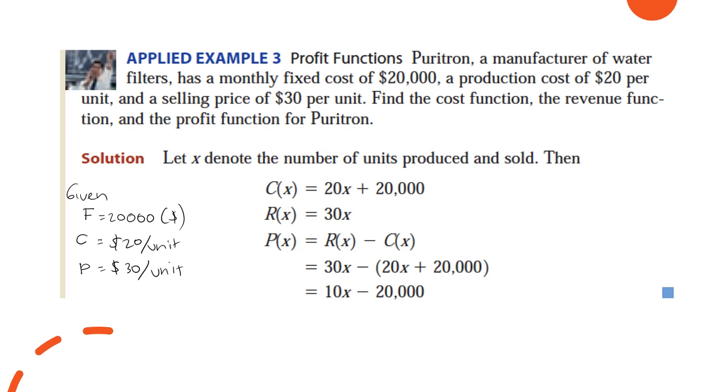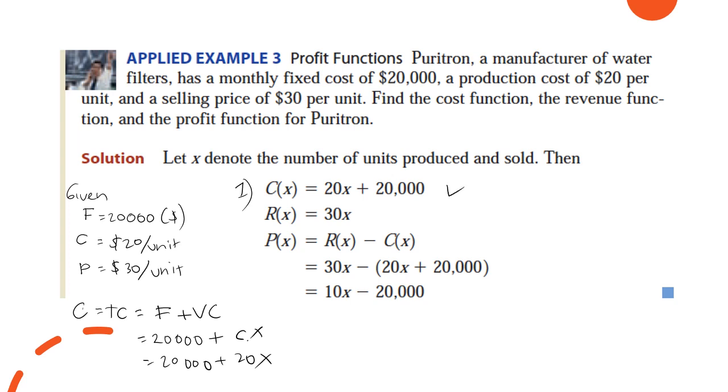Now through this data we can define the functions, first of all, the cost function. Total cost comes from fixed cost plus variable cost. Fixed cost here is 20,000, and variable cost is C times X, and filling in the C, 20X.